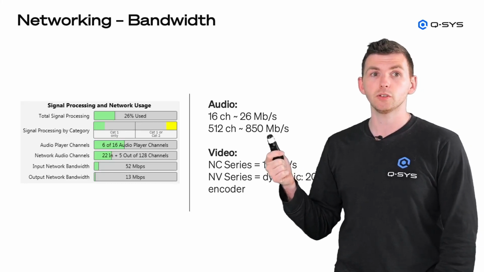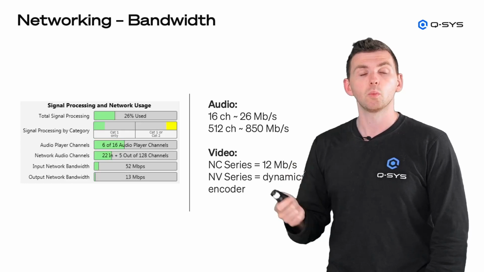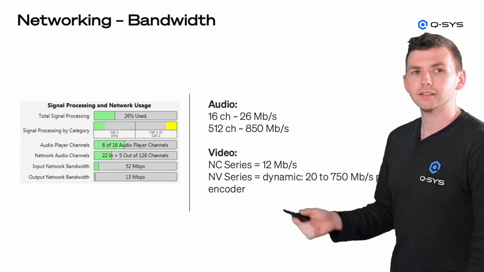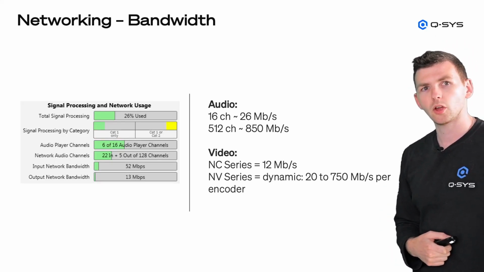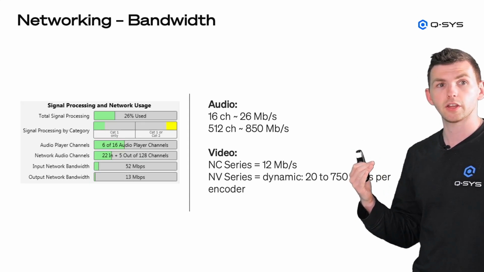That's really significant on a gigabit network, but still fits within a gigabit when things are configured properly. Just so you're aware, video, NC series, the cameras, it's around 12 megabit per second. Okay, so not ridiculously high at all for a video stream.